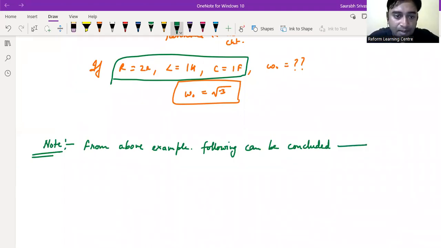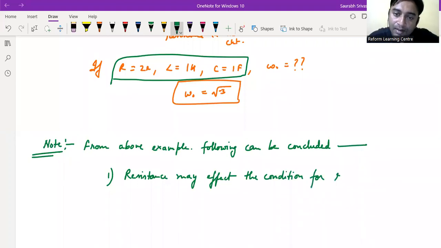First point, the resistance may affect the condition for resonance. Resonance condition को affect कर सकता है.